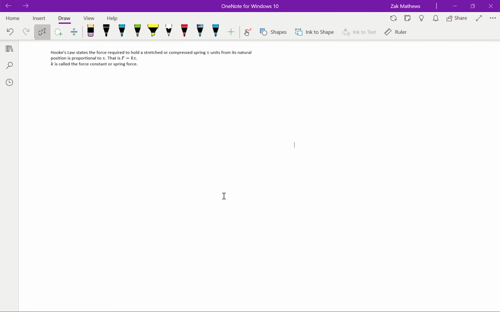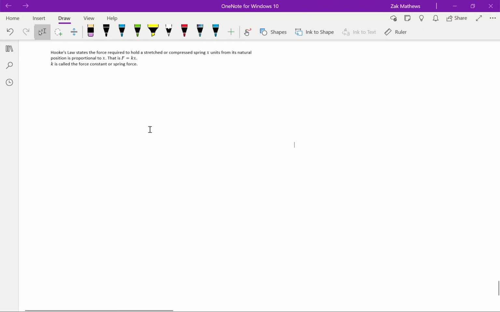And then as that spring gets closer and closer together, it gets harder and harder to push because it gets more and more tension the further away it is from its natural position. Same idea if you took that spring, sitting on a table, picked it up and pulled it out. First little bit pulls very easily and it's harder and harder to pull it out because the further you get from the spring's natural position, it is more and more challenging to pull out.